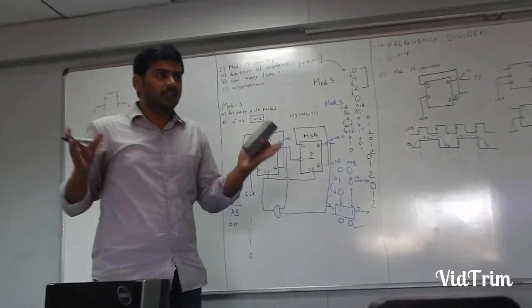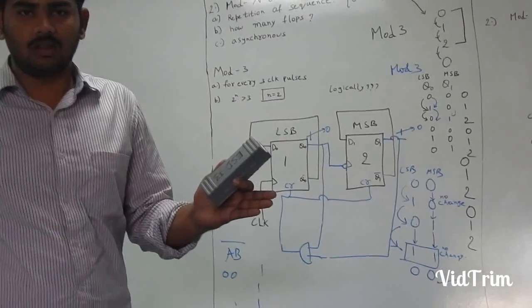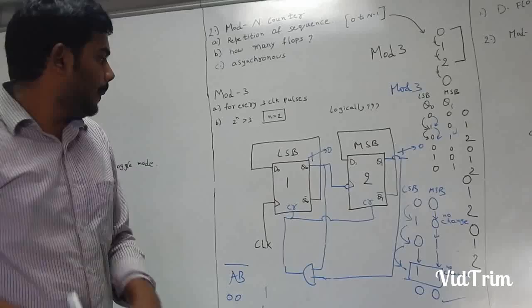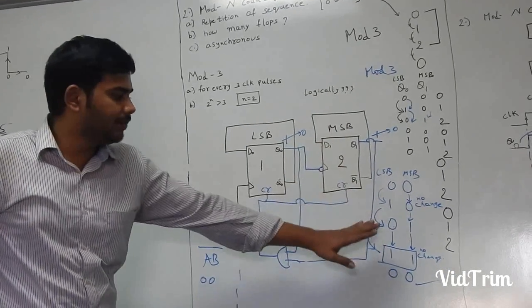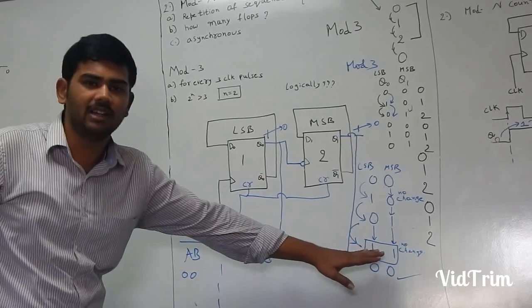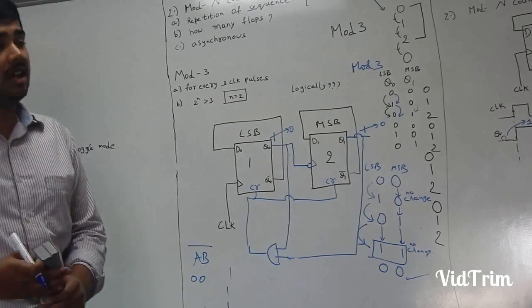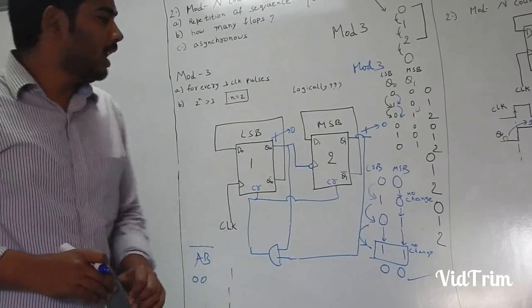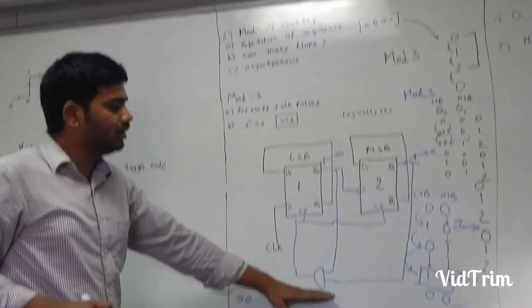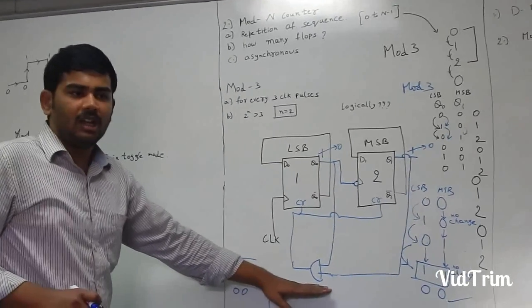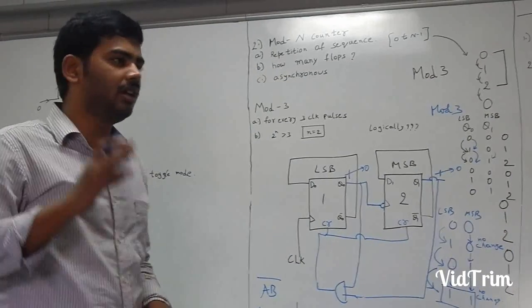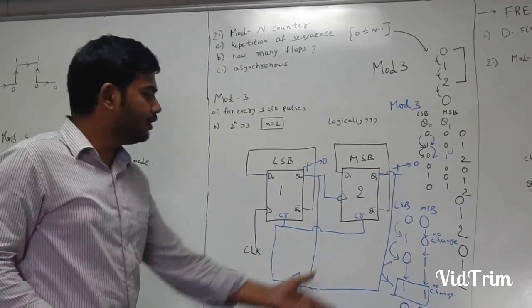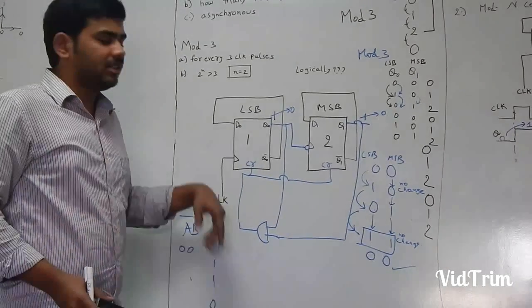There could be n number of ways, but using a basic gate and clearing the counter after it reaches the final state is an important task here. Please do follow this method. It's not something to learn by heart that every time you should use an AND gate only.